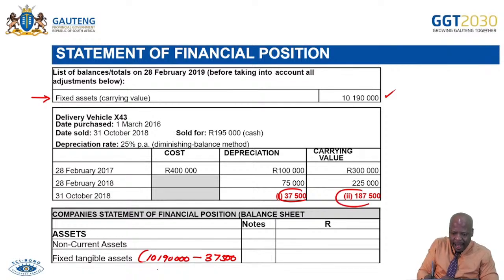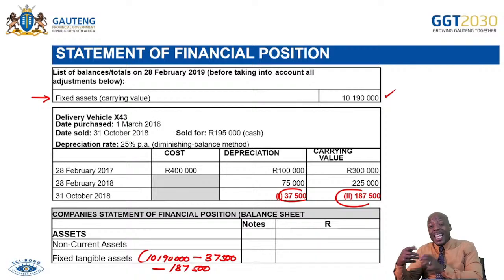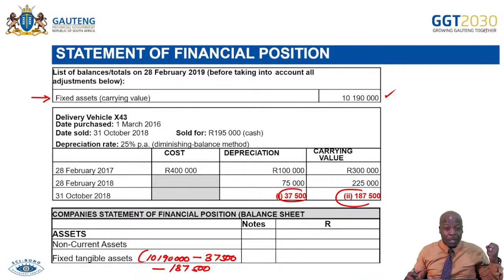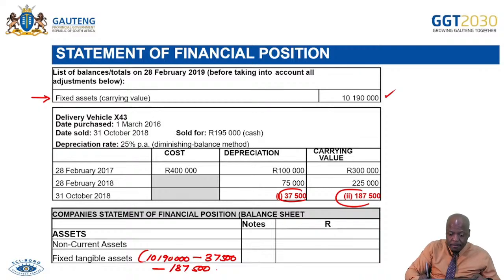So we don't have that asset anymore in our business books. So I'll say minus 187,500. Once an asset is disposed, we take it out from our business books. So hence you see here, I'm saying minus 187,500.